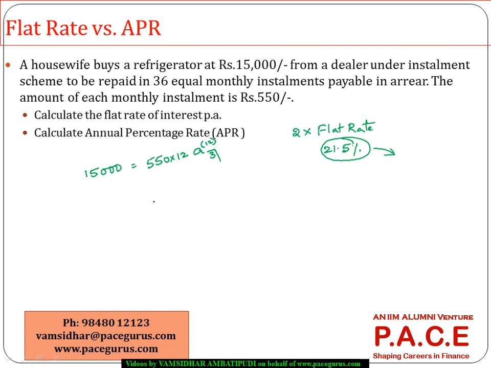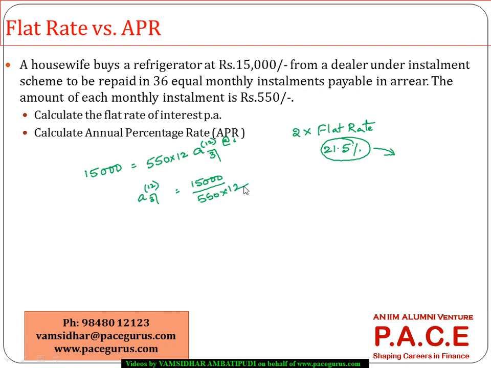So the annuity value for 3 periods is what I have to find out, as in what is that interest rate. So from here it is quite evident that A3 (12) is equal to 15,000 divided by 550 into 12.